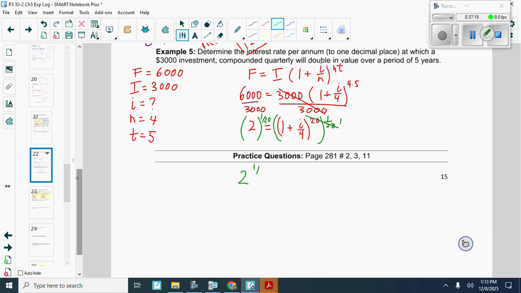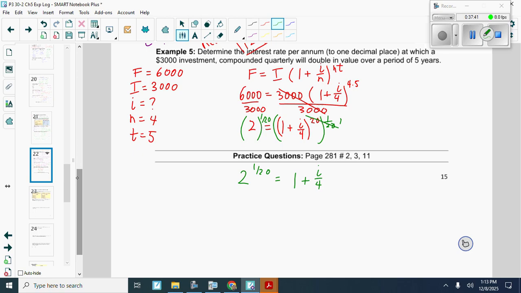We have 2 to the exponent 1 over 20 is equal to 1 plus i over 4. So now we can subtract 1.